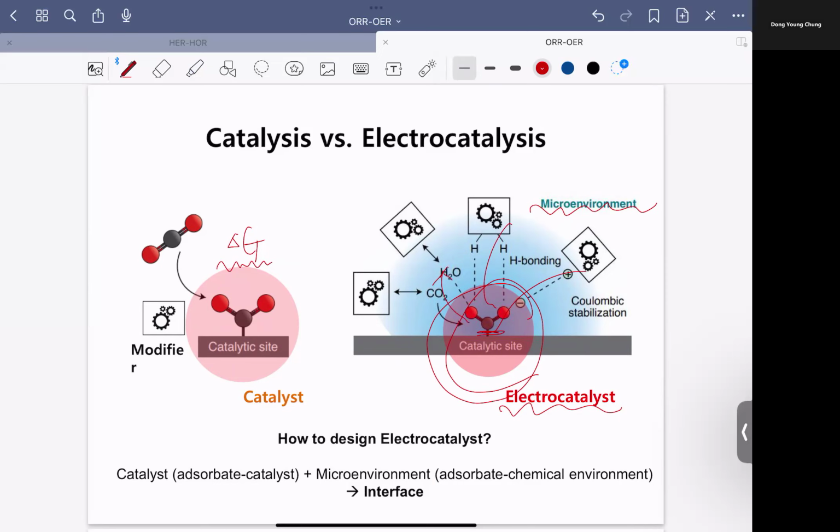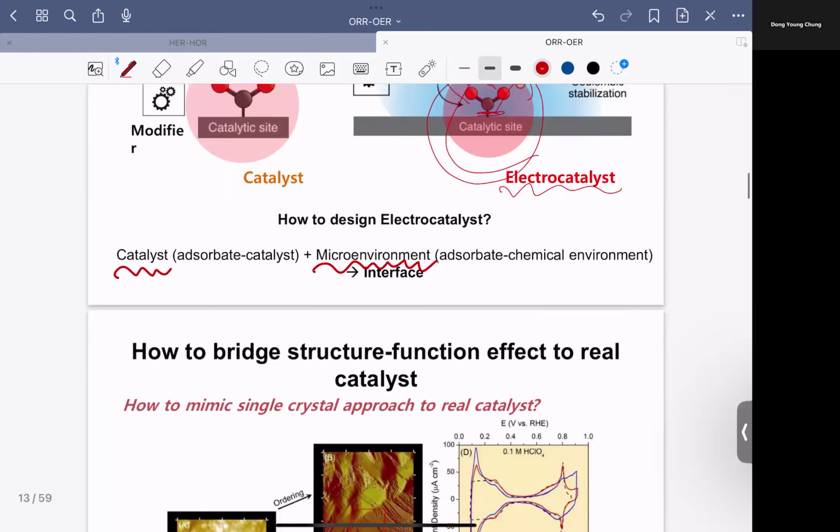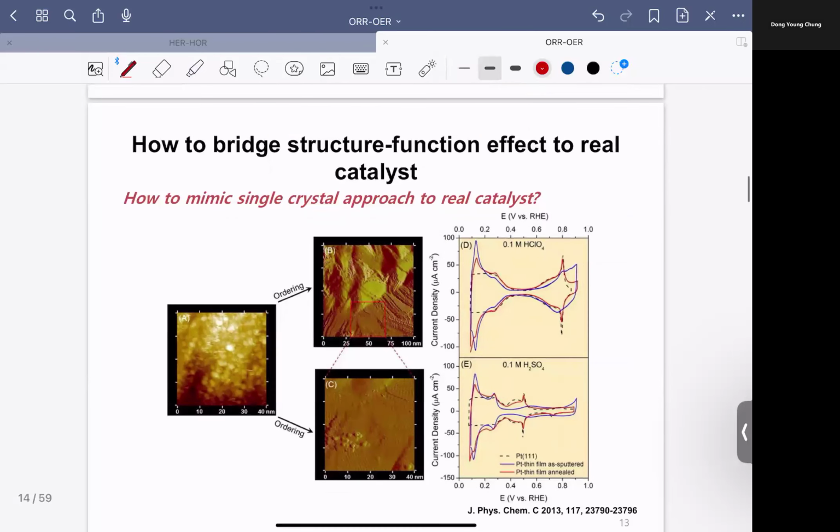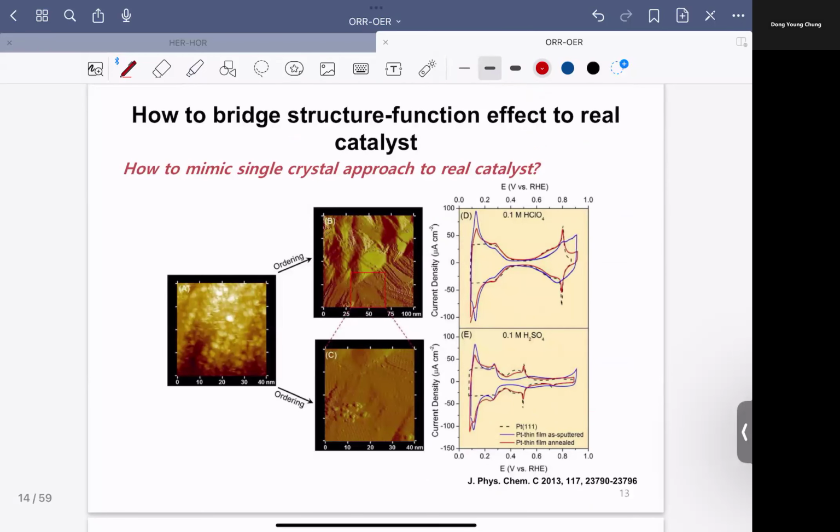So we have to think that the playground for electrocatalysis can be extended not only to the catalysis itself, but also to the microenvironment, which can be described by the adsorbate chemical environment. That's the reason why we call it interface engineering for electrocatalysis. All right, so we would like to go further based on the model study. Please keep in mind that all the studies that we discussed are single crystal based studies, right? Please keep in mind that.